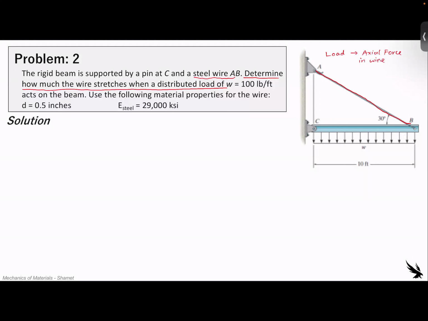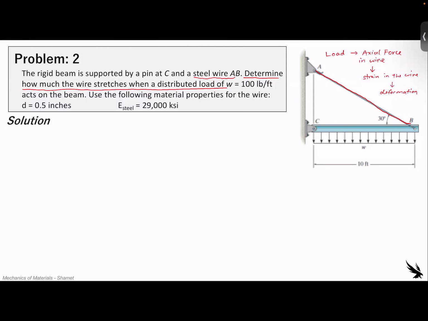And then the way to think about that, this axial force is going to cause a strain in the wire. And then from this strain, we can calculate the deformation. This is kind of the order of operations here.